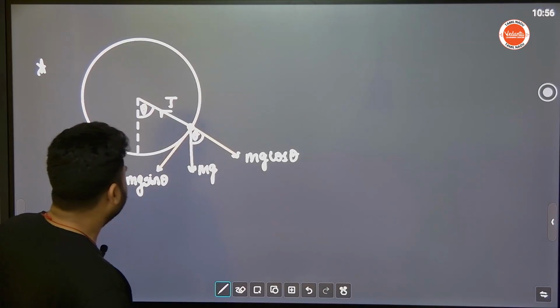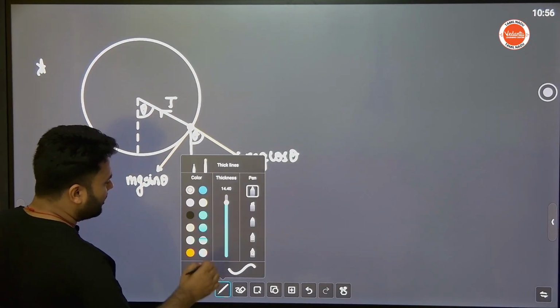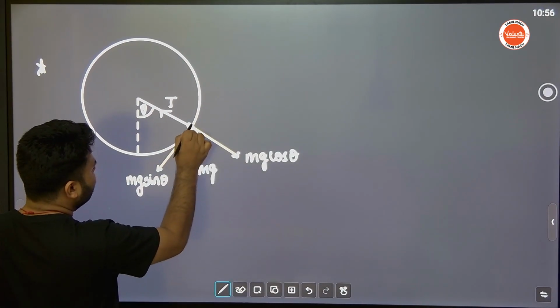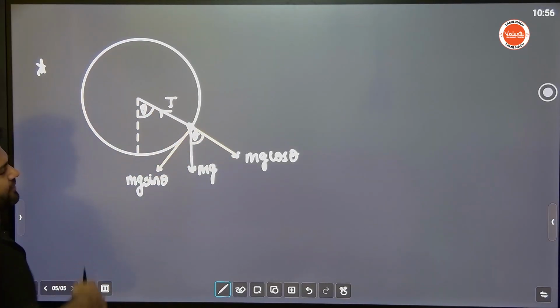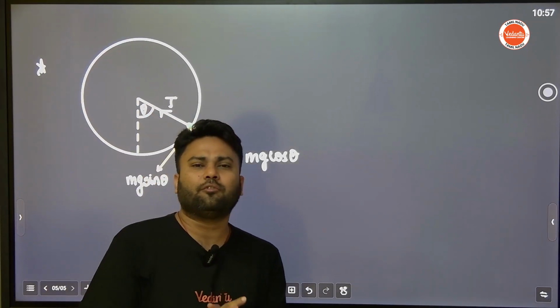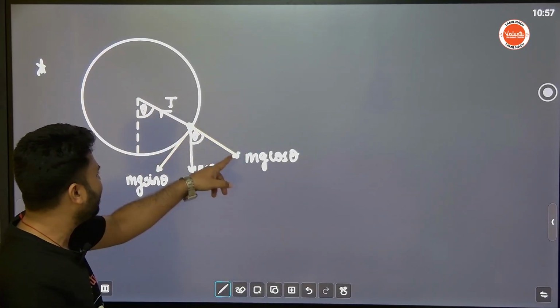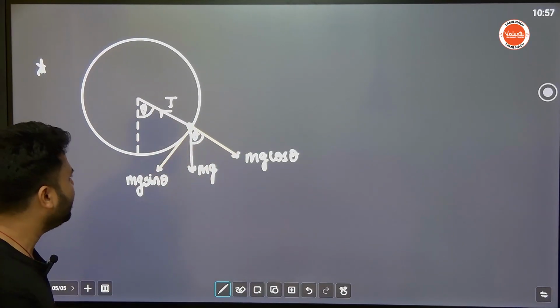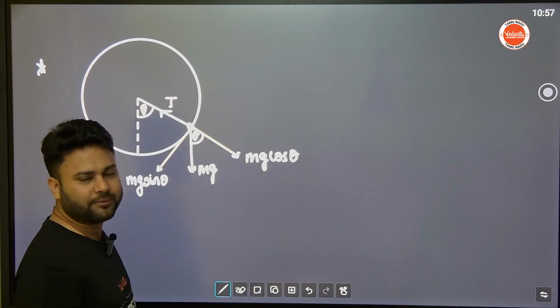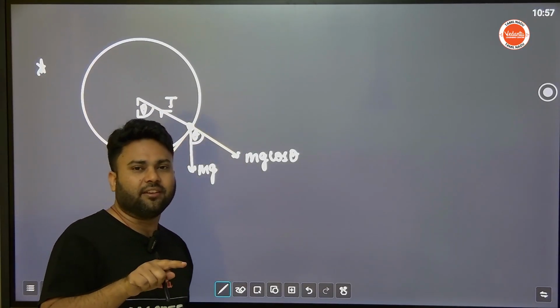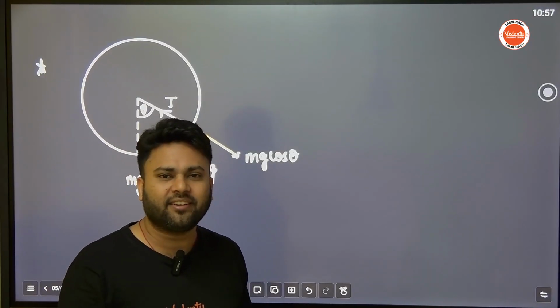Now if I focus on all the forces along this line passing through the center, one force is tension and one force is mg cos theta. And where is the acceleration of the object?